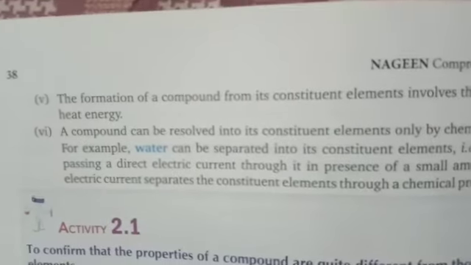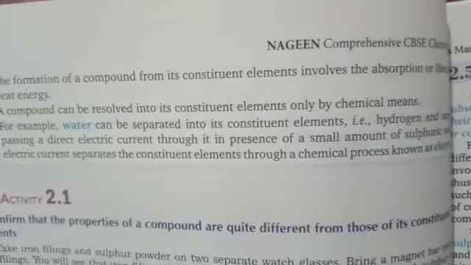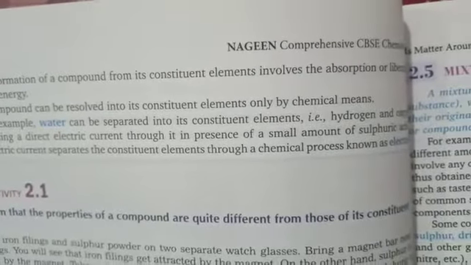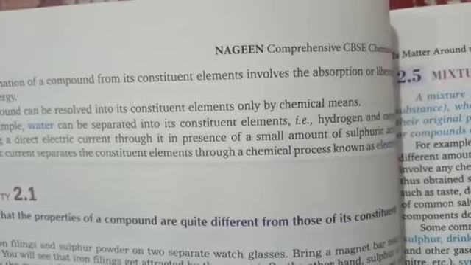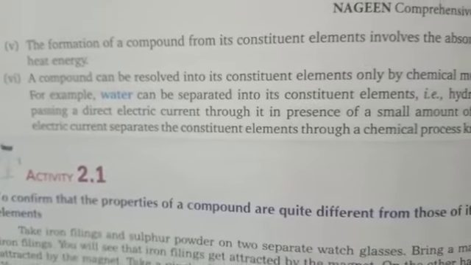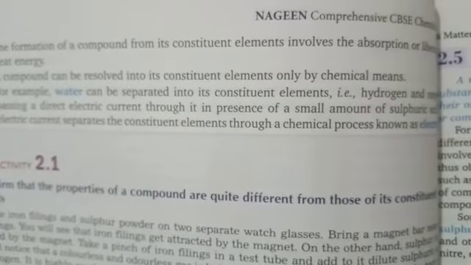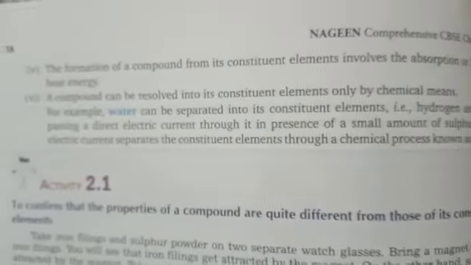Fifth, the formation of a compound from its constituent elements involves the absorption or liberation of heat energy. Sixth, a compound can be resolved into constituent elements only by chemical means.